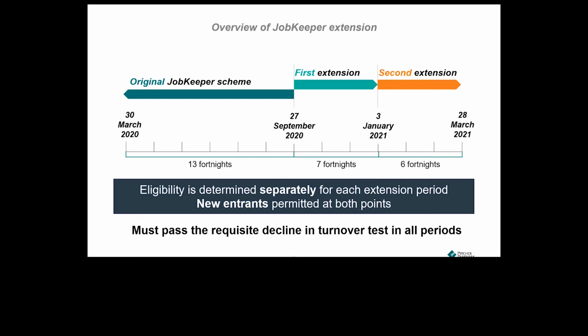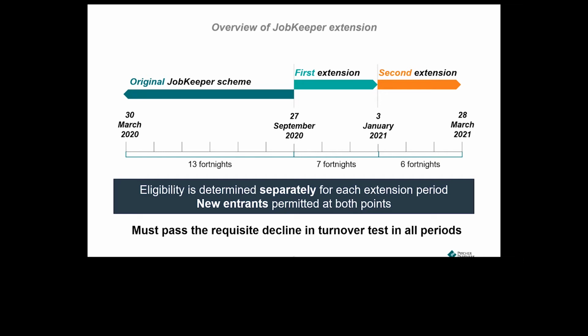The new JobKeeper rules prescribe that eligibility in terms of the decline in turnover test must be met for both the original decline in turnover test and the new decline in turnover test. Now that all sounds a bit confusing, but what it effectively means in practice is that employers will be able to test the same period moving forward in respect of the extension of the JobKeeper scheme.